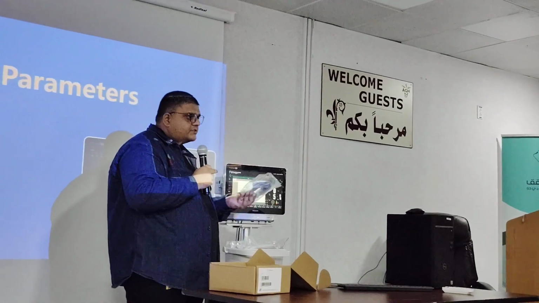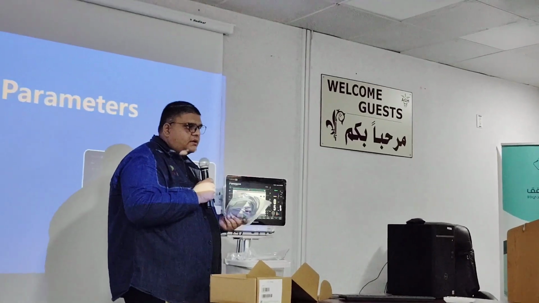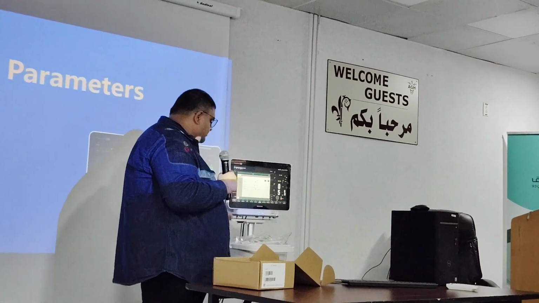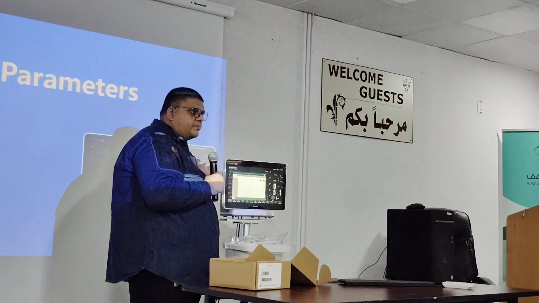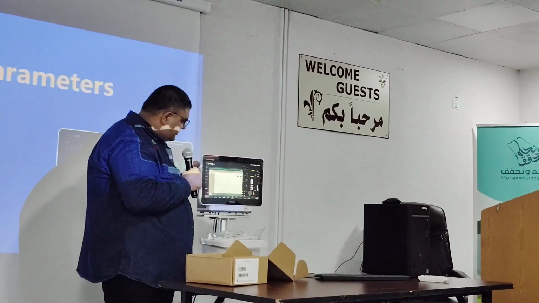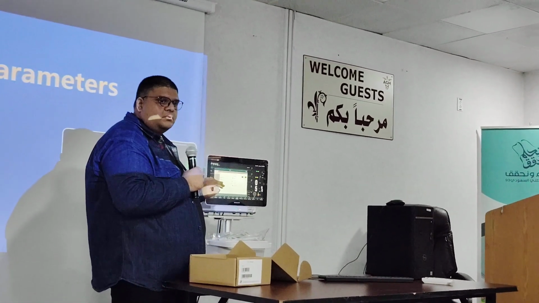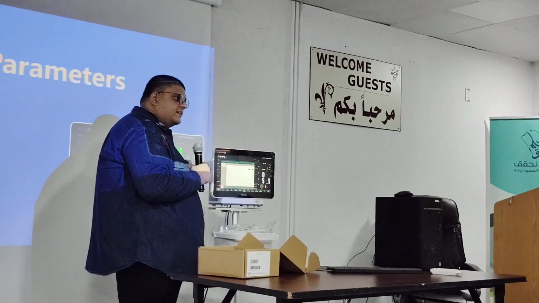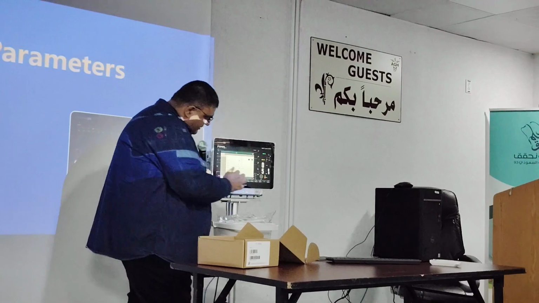But if you have 5 leads, 12 leads, 6 leads, 3 leads, or maybe a neonate comes with a 3 lead, because you're using this as a transport monitor, a patient can come in with any lead. So it's better to choose auto, so you don't have to worry about changing the lead type and why it's not detecting it.